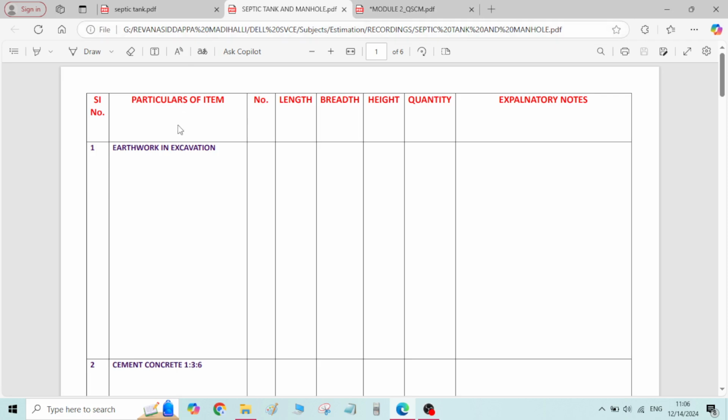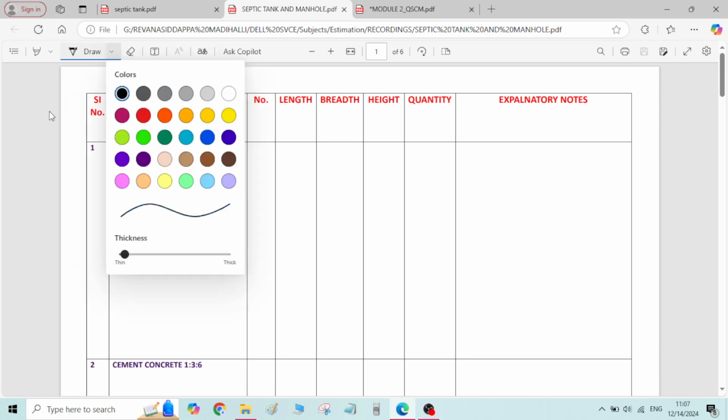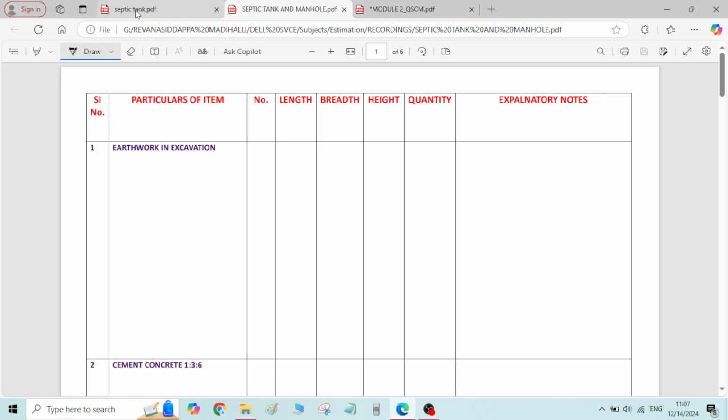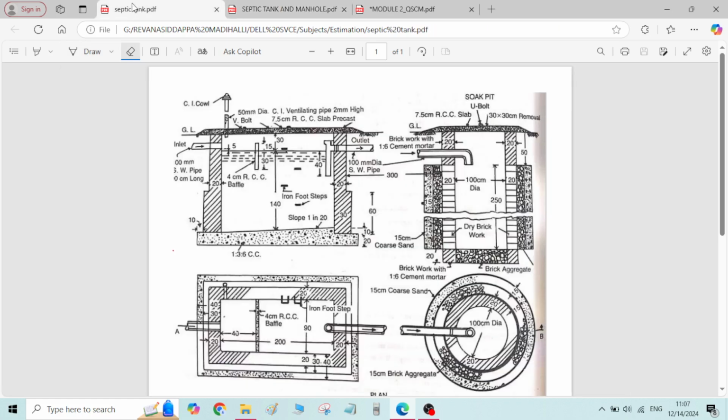Now we will start doing the estimation. The first thing that we have to do is calculation of earthwork in excavation, for both the septic tank and the soak pit.